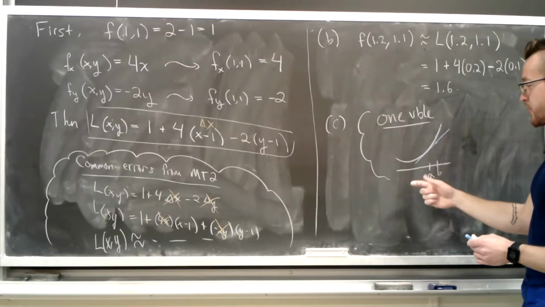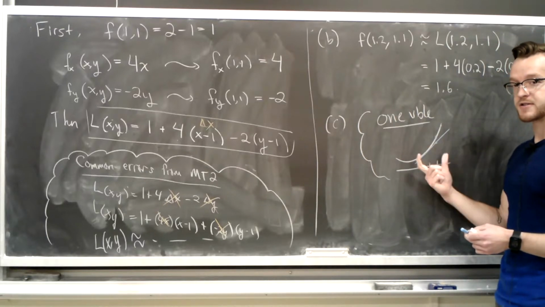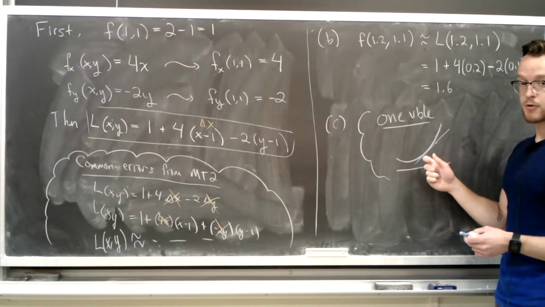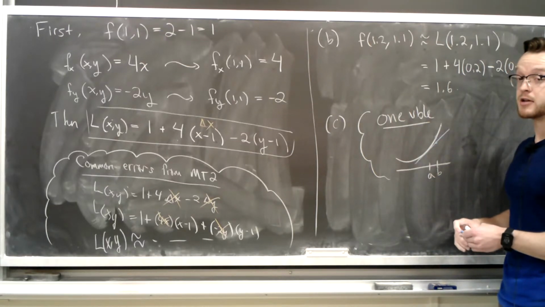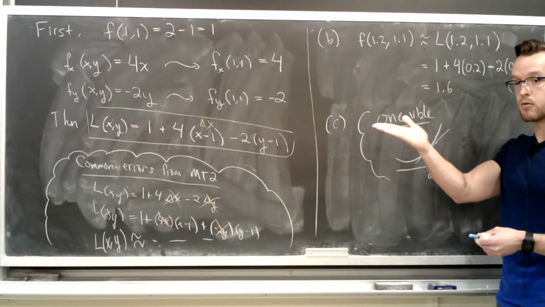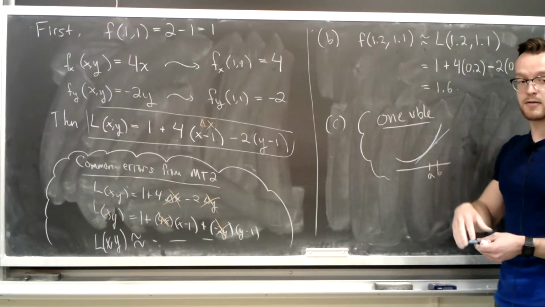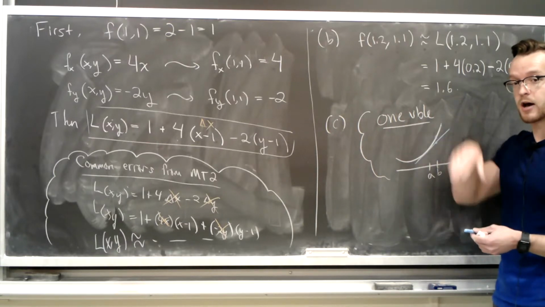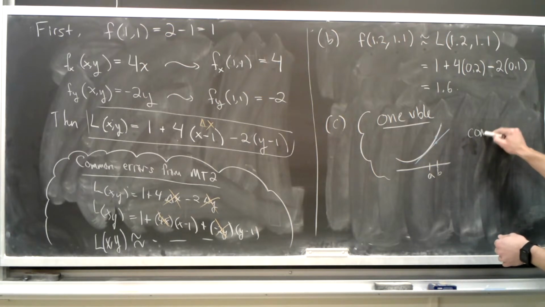The way I've drawn this picture, the key is the fact that the function f is concave up. In other words, the key is that the second derivative is positive, which indicates that the linearization is going to lie below the function. If the second derivative was negative, the linearization would lie above. So in some sense, concavity is the key.